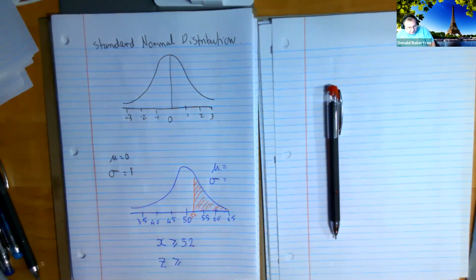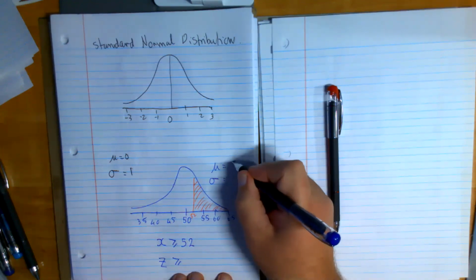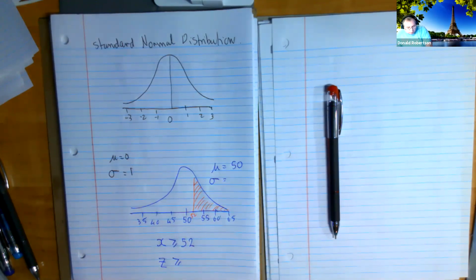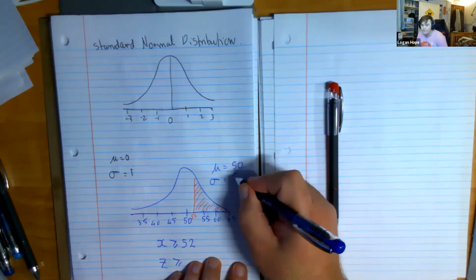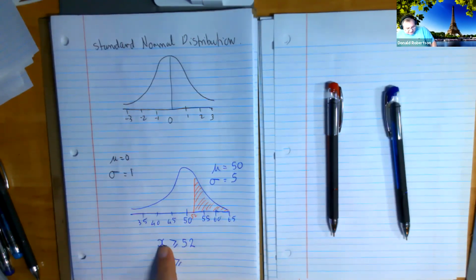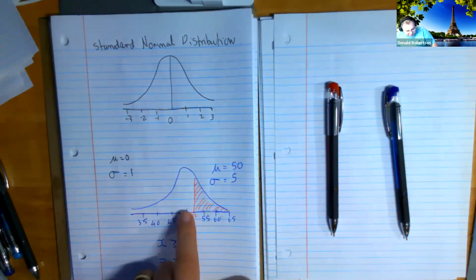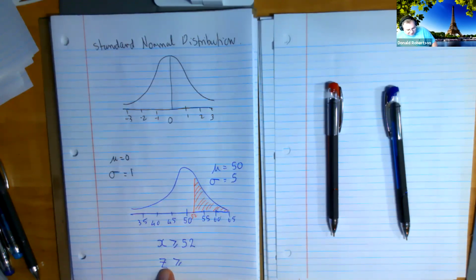Only looking at my picture, what's the mean? 50. Okay. Only looking at this picture, what is the standard deviation? 5. Now, x greater than or equal to 52, which is this picture, becomes z greater than or equal to whatever the z-score of 52 ends up being.